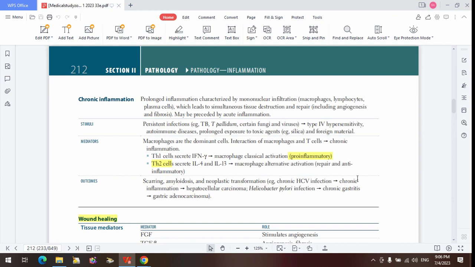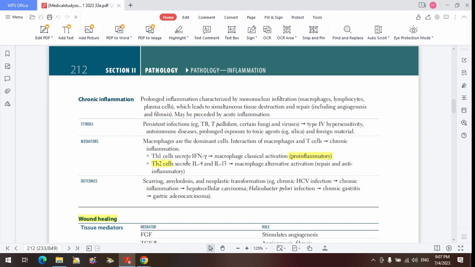And the transforming beta growth factor also has anti-inflammatory effect, which will suppress the inflammation so that you limit the tissue destruction and attempt to repair it. But the attempt to repair is not usually effective because it will end up forming scar.